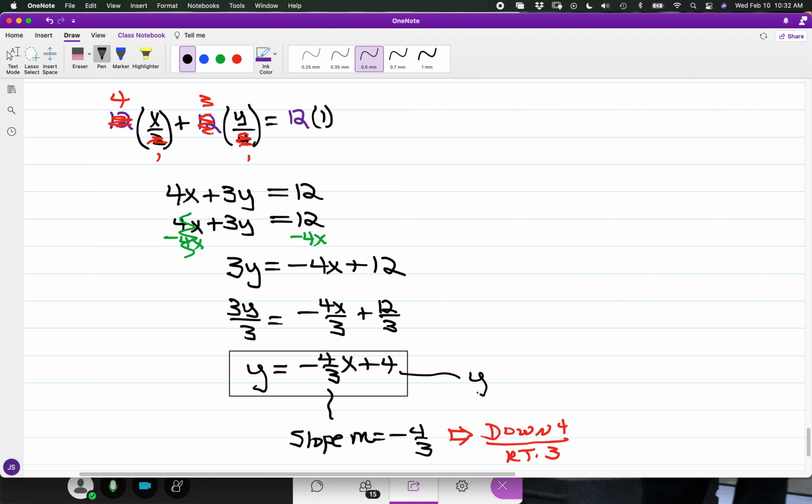Again, for the y-intercept, we have (0, 4), or y is equal to 4.